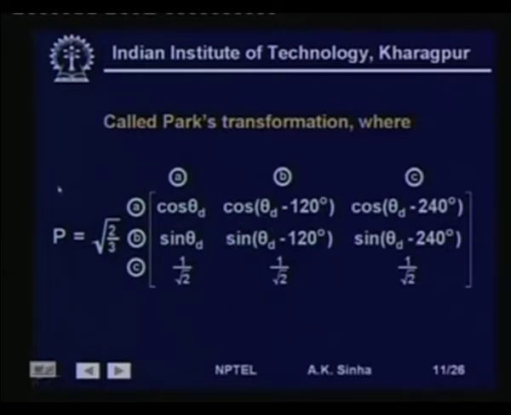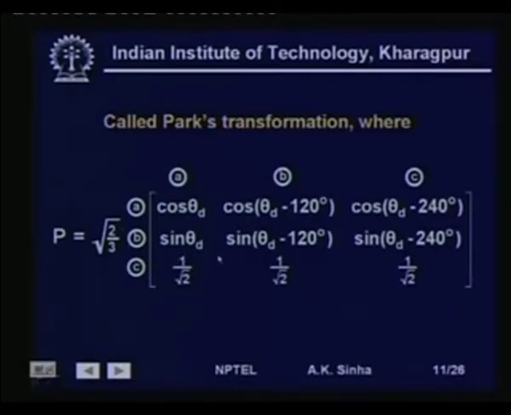So, now this Park's transformation is defined by a 3 by 3 matrix. This P is a 3 by 3 matrix given by root over 2 by 3, with rows cos theta d, cos theta d minus 120, cos theta d minus 240; sin theta d, sin theta d minus 120, sin theta d minus 240; and 1 by root 2, 1 by root 2, 1 by root 2.